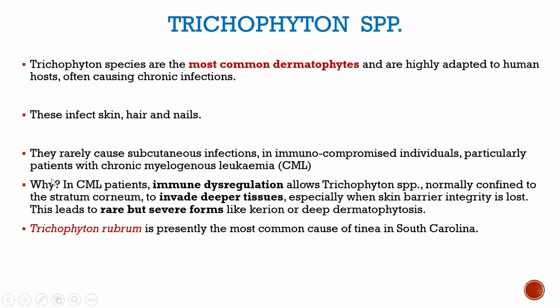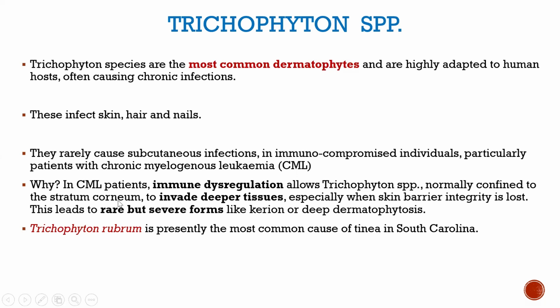So why we've mentioned that the dermatophytes affect the skin, the nails, and the hair, why is it that the Trichophyton can really cause subcutaneous infection in the immunocompromised?